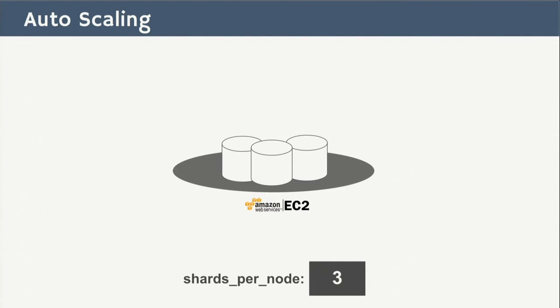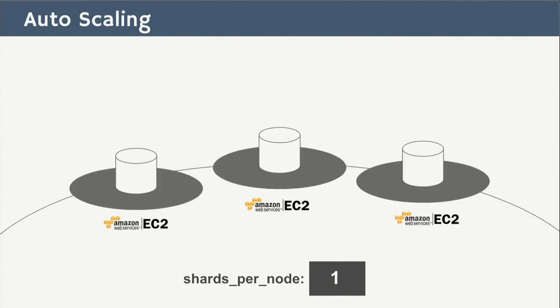Having this in an auto-scaling group, with high traffic, more nodes automatically scale up, and these shards will go to the different nodes, ending up with 1 shard per node. So we can actually scale up 3 times automatically without any manual intervention.